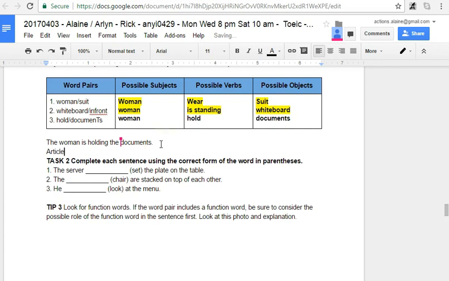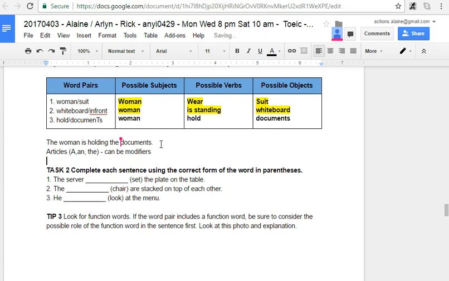Articles, right? Articles are a, an, and the. They can be modifiers. Do you know the meaning of modifiers, right?